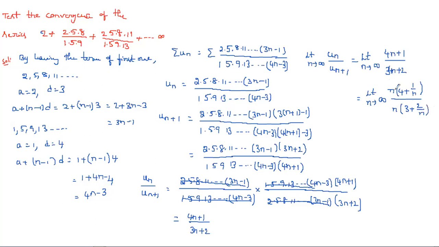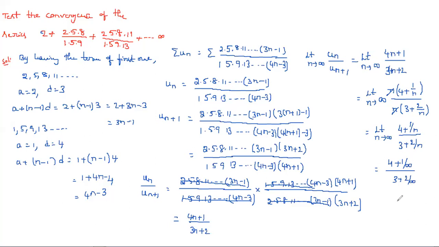So here n as well as n both will cancel. So this is equal to the limit as n tends to infinity of, what about the remaining, 4 plus 1 by n by 3 plus 2 by n. Substitute infinity in place of n. So what will we get? 4 plus 1 by infinity by 3 plus 2 by infinity. Anything by infinity is 0.